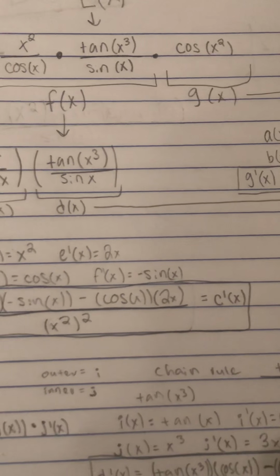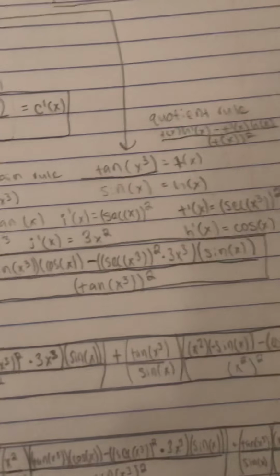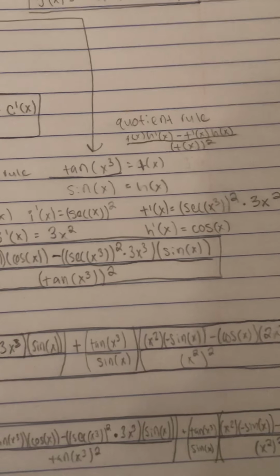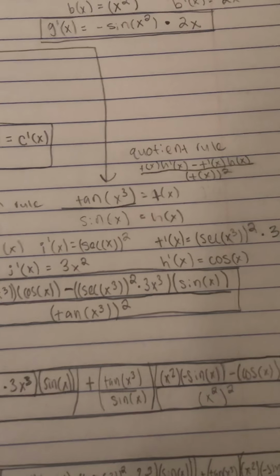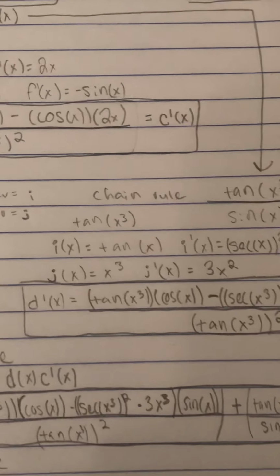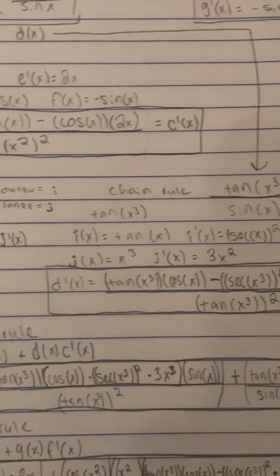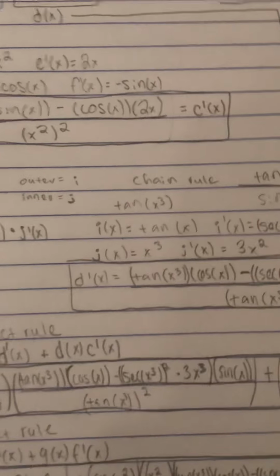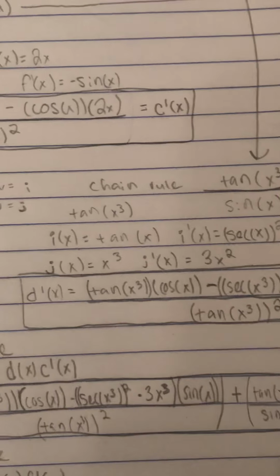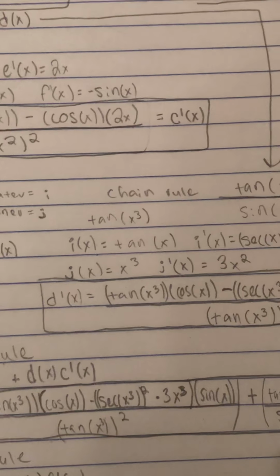And then moving on to the tangent x cubed over sine x, which is d of x. I also used the quotient rule, but I had to find the derivative of t of x, so I had to use chain rule first. So for the chain rule, I made two different functions again, and it would be i and j. i of x would be tan x, and j of x would be x cubed.